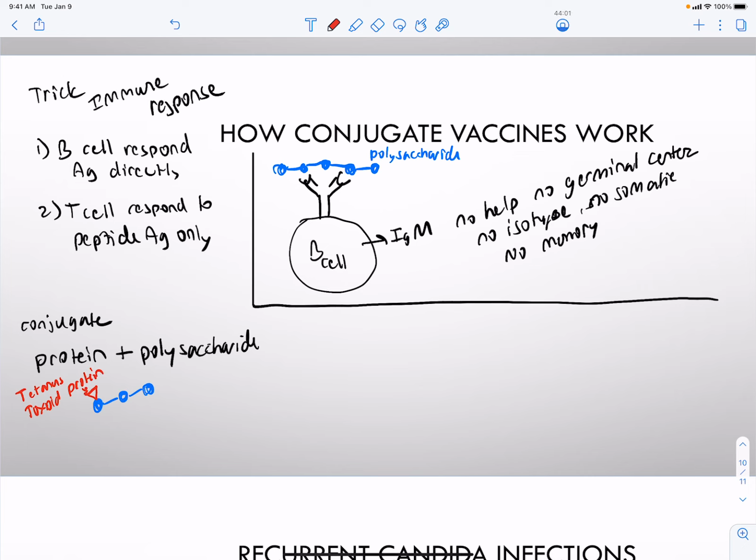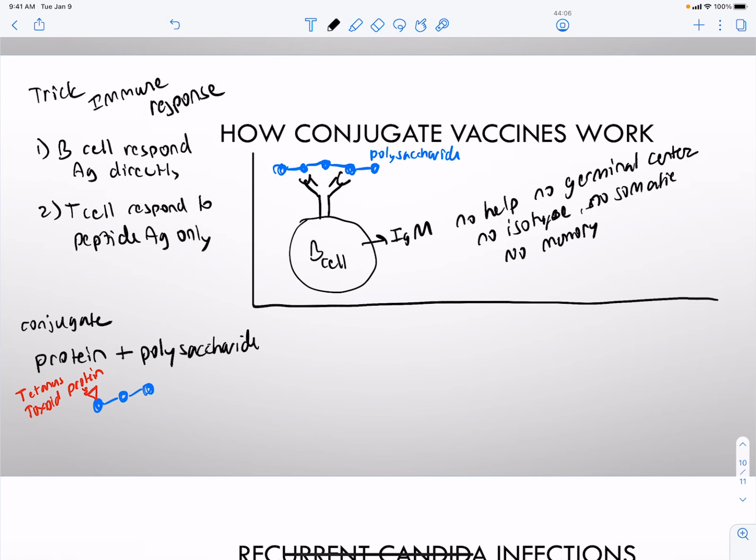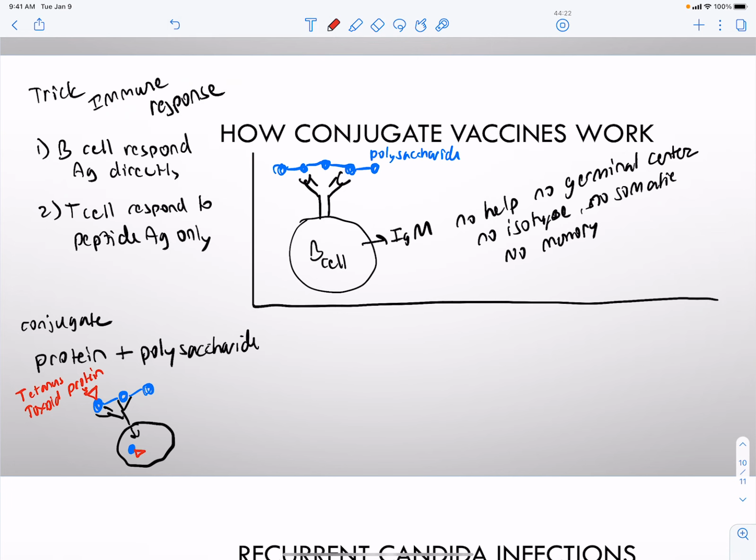And the B cell that is specific for that polysaccharide, so here's our B cell, it's binding the polysaccharide. It's going to internalize not only the polysaccharide, but also the protein.